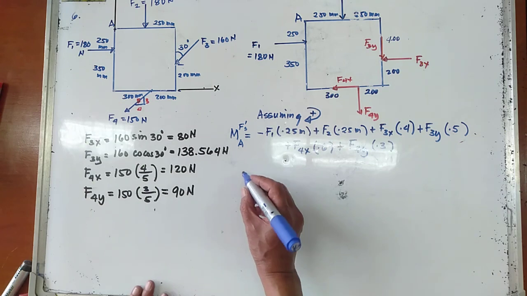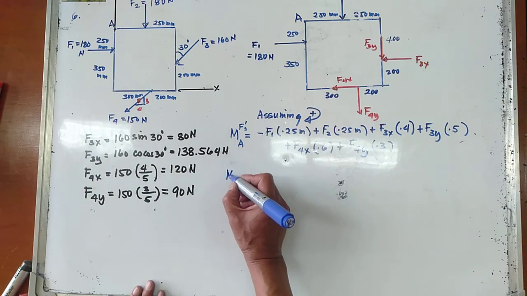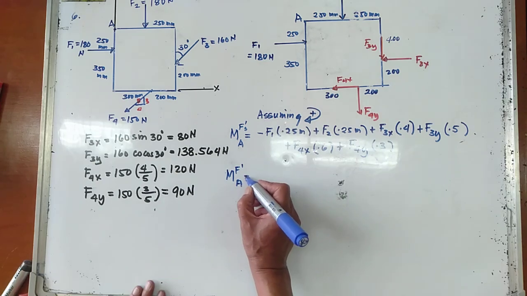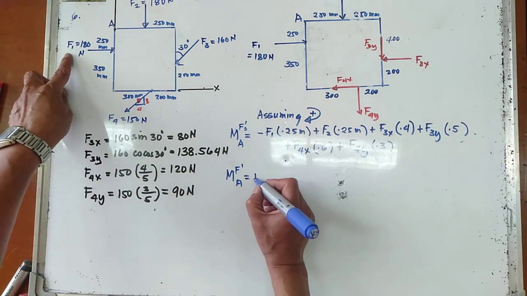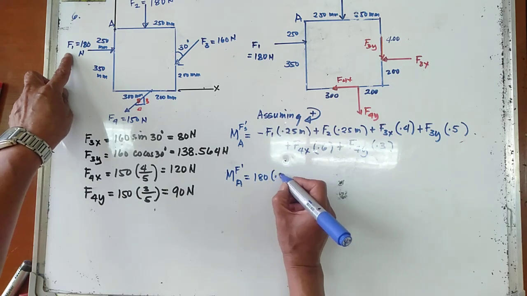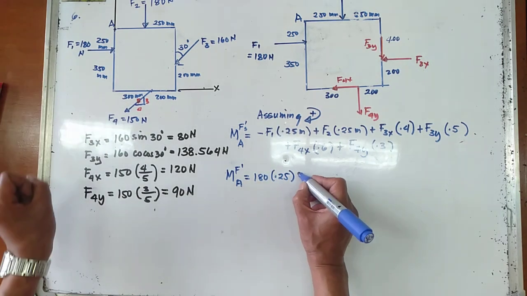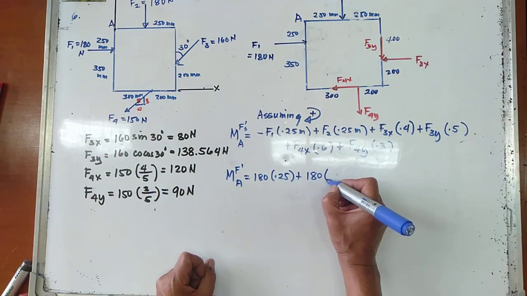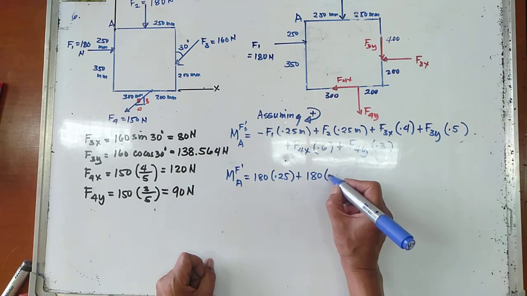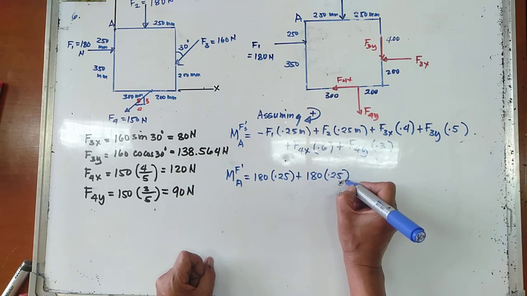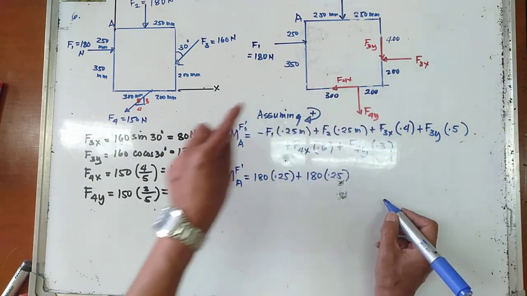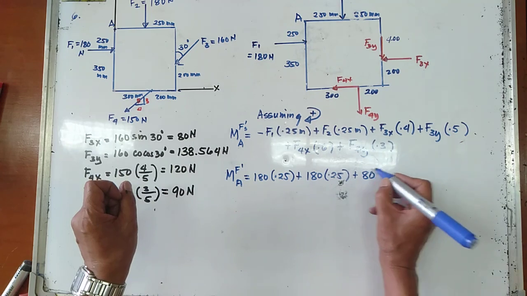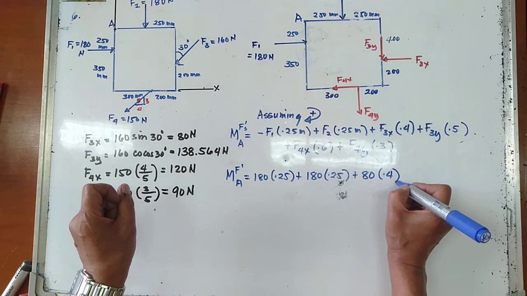So let's try to substitute values now. The moment of all the forces about point A is F1, so we have 180 by 0.25 plus F2, 180 by 0.25. F3x is 80, so plus 80 multiplied by 0.4.